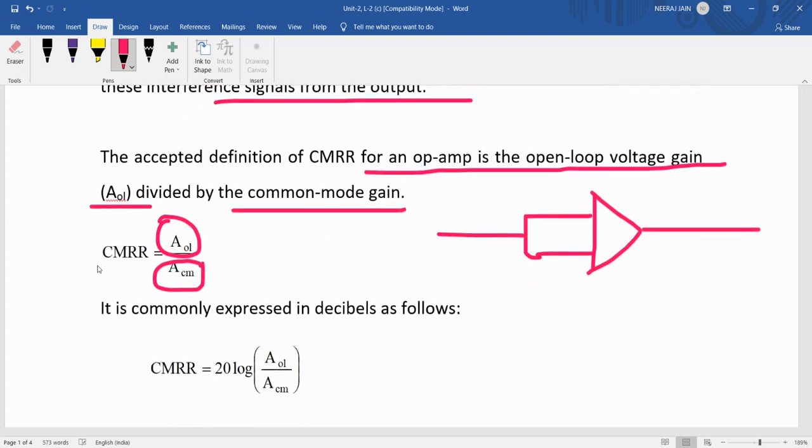So that ratio is the CMRR. It is commonly expressed in decibel. Basically, the CMRR is defined in dB value.